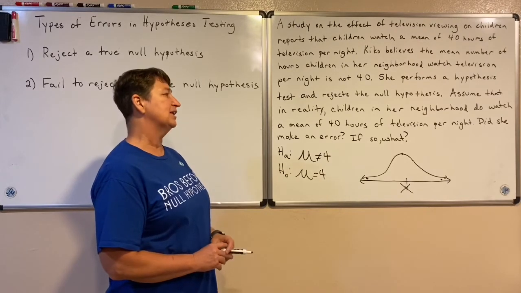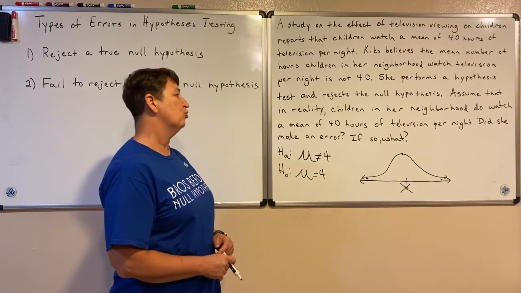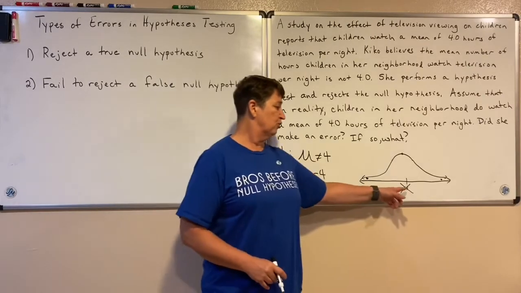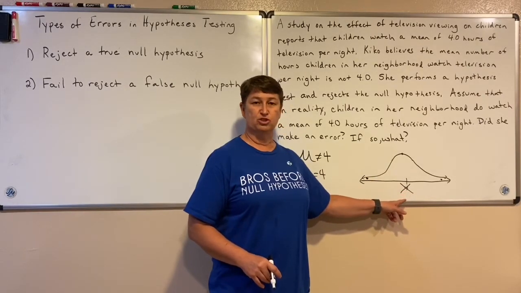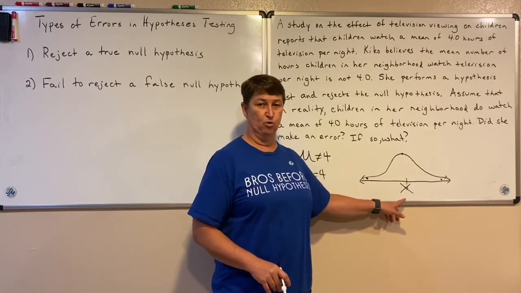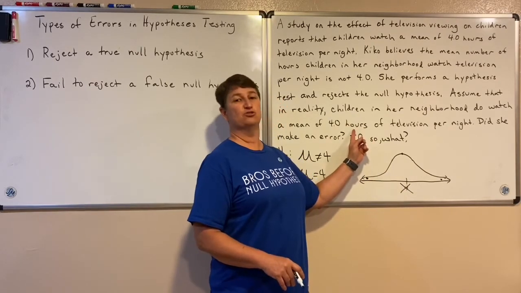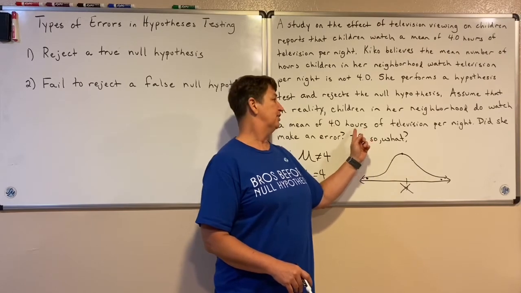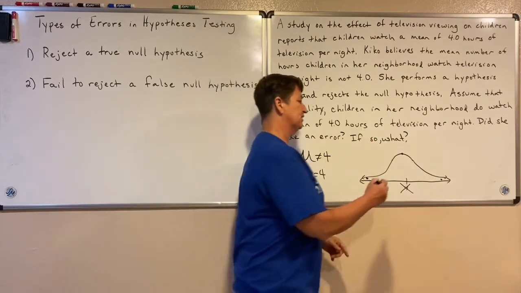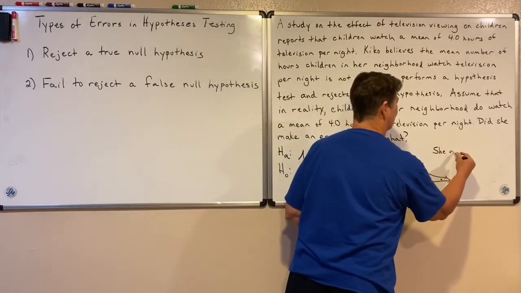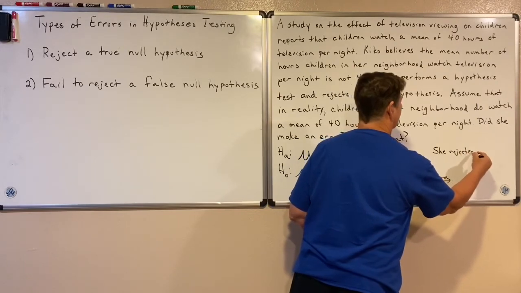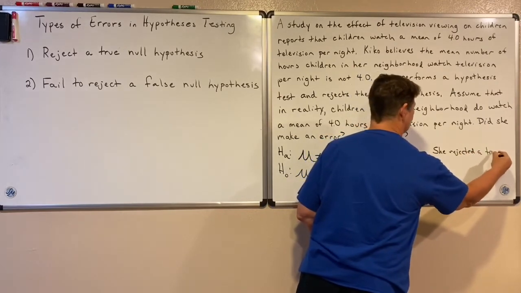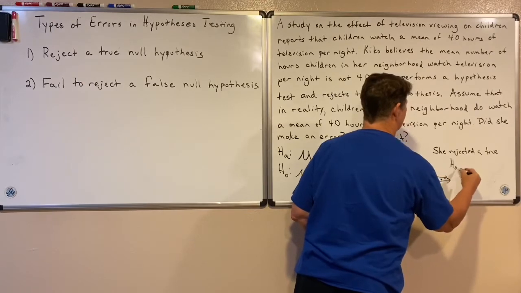Assume that in reality, the children in her neighborhood do watch a mean of 4. So she rejected that null. She said, no, they don't watch 4, but in reality, they do watch 4. So she did make an error. It turns out that she rejected a true null hypothesis.